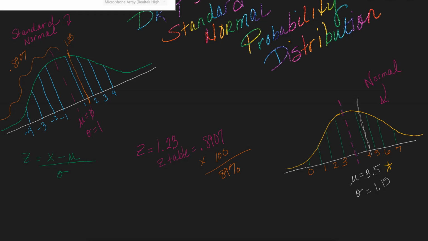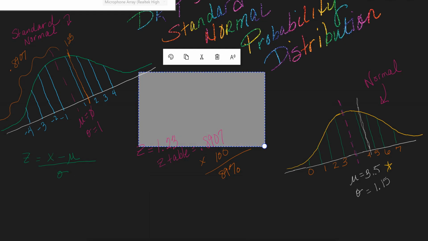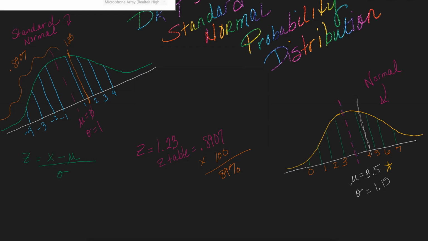Interesting. So how many are above? Well, everything under a curve always equals 100% of our observations, right? 1. And I know that at 1.23, I have 0.8907 below, and everything under the curve is equal to 1.